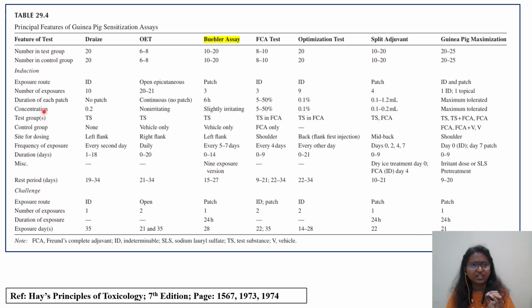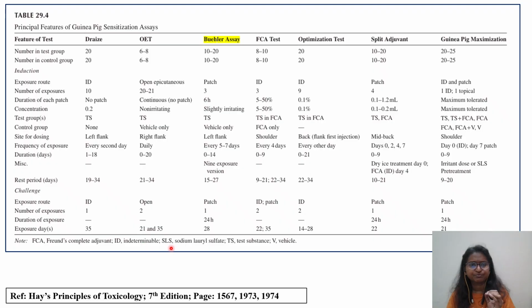After the induction phase, there is a rest period of 15 to 27 days. Then comes the challenge phase, in which the exposure route is through a patch. The number of exposures is 1. The duration of exposure is 24 hours. The exposure day is day 28. FCA was Freund's complete adjuvant.